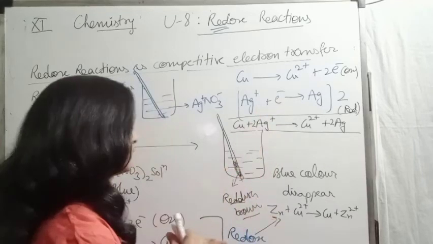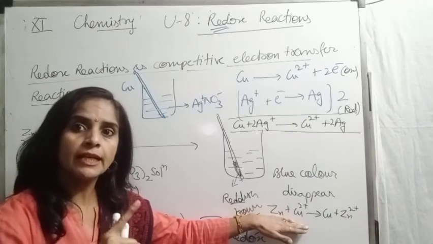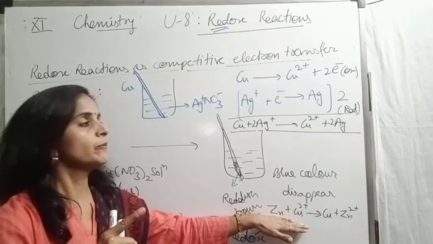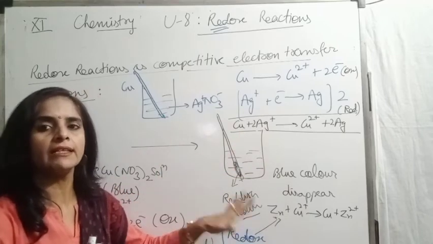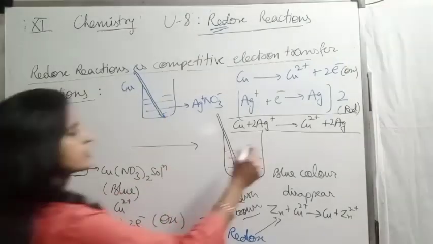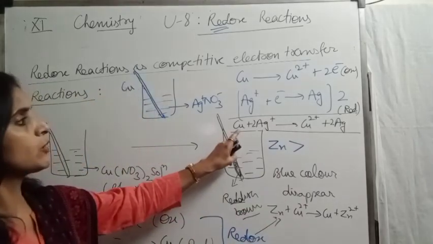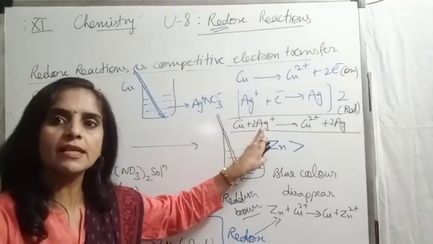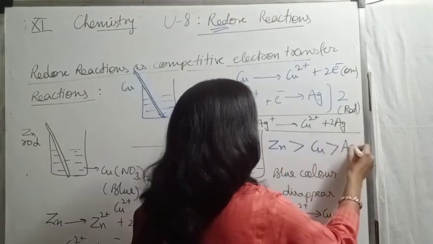Zinc is the most reactive metal; it will lose electrons most easily among these three. I am comparing these three only because we have taken this example. So zinc is the most reactive among these three metals, then the second is copper, because copper can lose electrons in the presence of silver. So next is copper and next is silver.